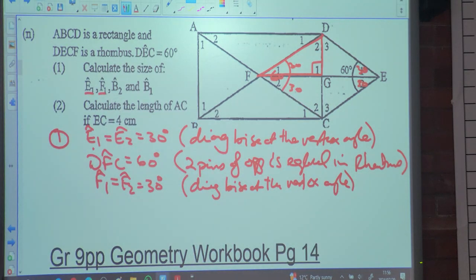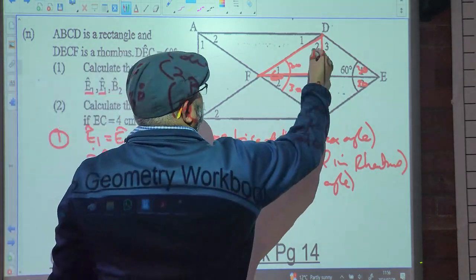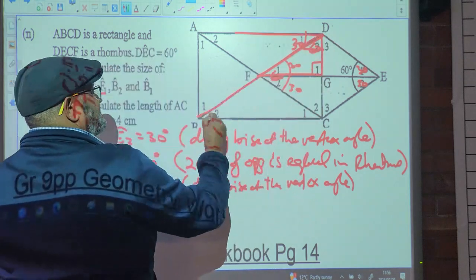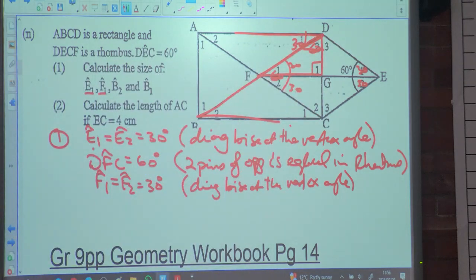D2, yes. We got D2, what can be determined now? D1, so that's 90. Then alternate. Can you see that, people? And that's the route I will be taking.